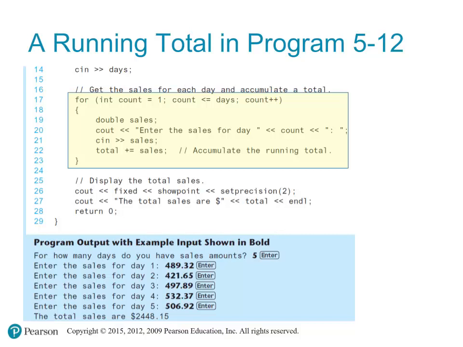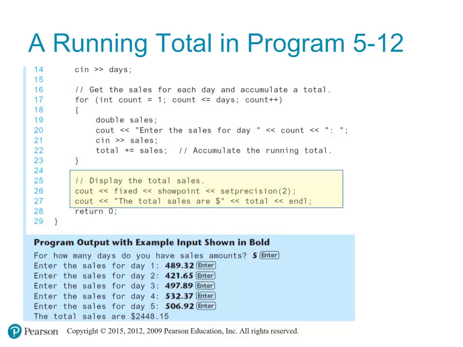The program prompts the user to enter the sales amount for each day. The sales amount is then added to accumulator total. The program uses IOmanip library functions to format the output to 2 decimal places. The total sales amount is displayed at the end.